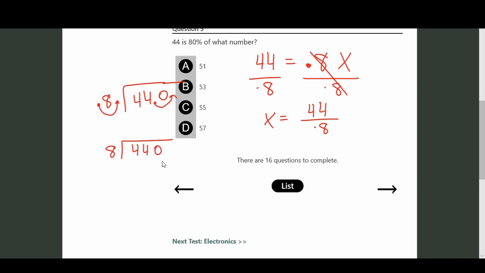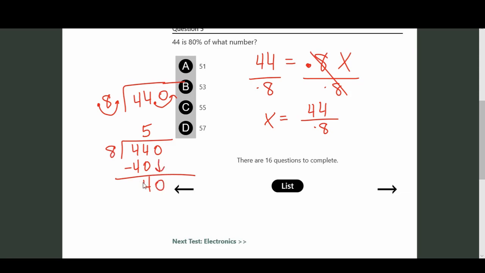440 divided by 8. Now the question is, how many times does 4 go into 8? 4 is too small. How many times does 8 go into 44? It's going to be 5 times without going over. 8 times 5 is 40, so we're going to subtract. 44 minus 40 is 4. We drop down this 0.